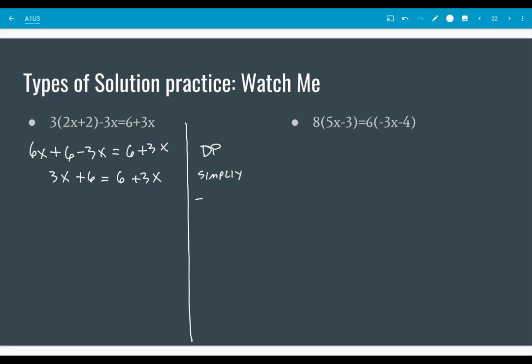And then subtractive property of equality. Identity, so this is infinite solutions. Let's look at another one.